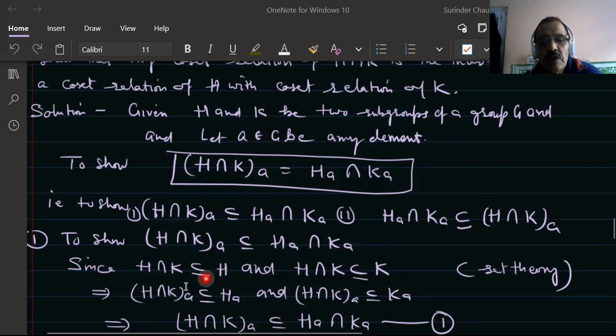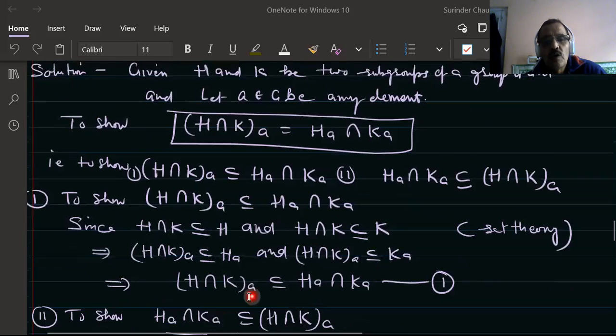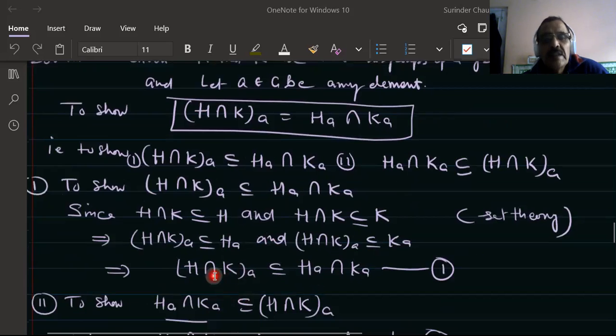If this is a subset of this, then the right coset of H intersection K by a is a subset of the right coset of H by a, and the right coset of H intersection K by a is a subset of the right coset of K by a. When you combine both results, you conclude that the right coset of H intersection K is a subset of the right coset of H by a intersection the right coset of K by a.